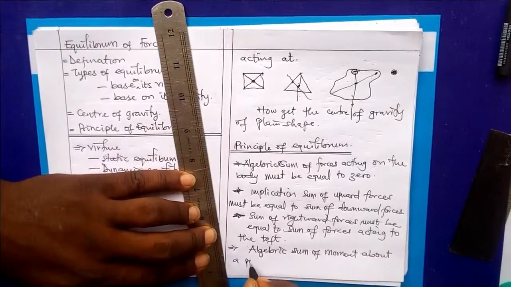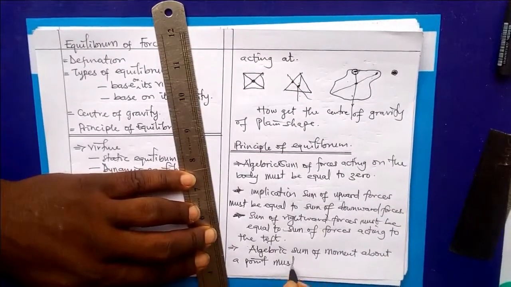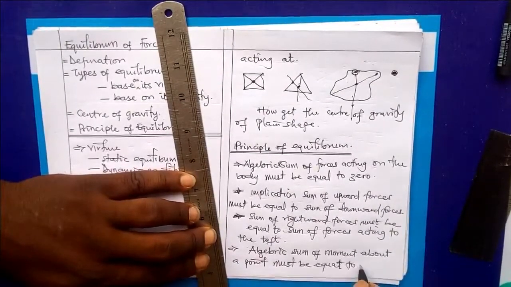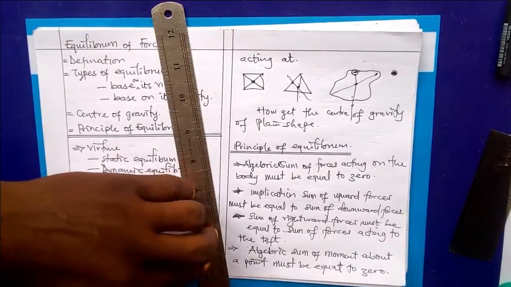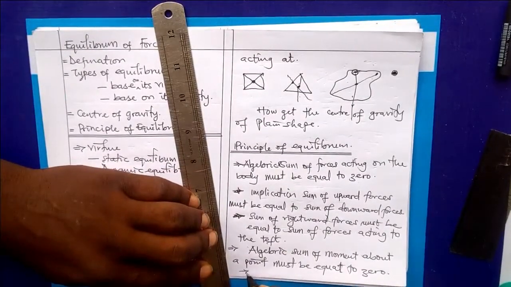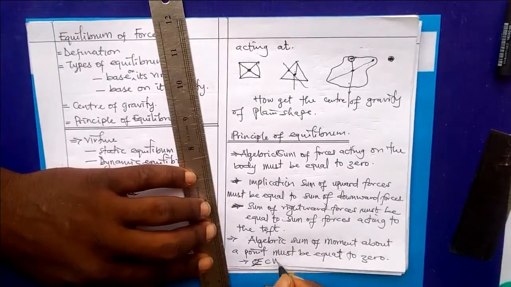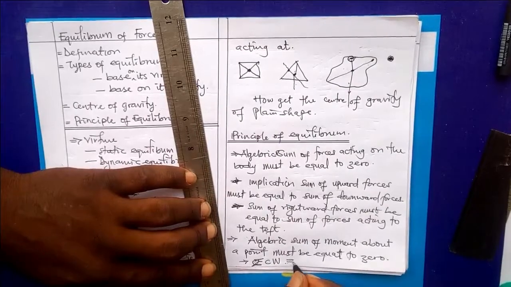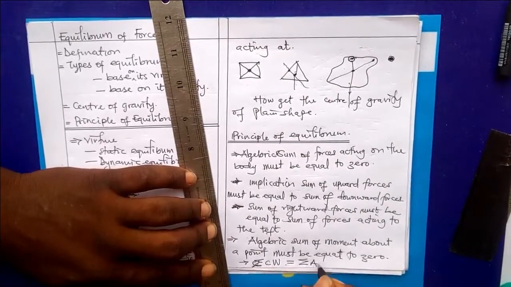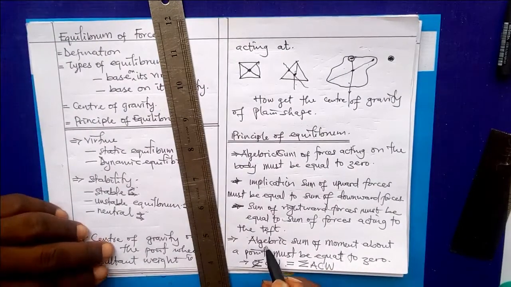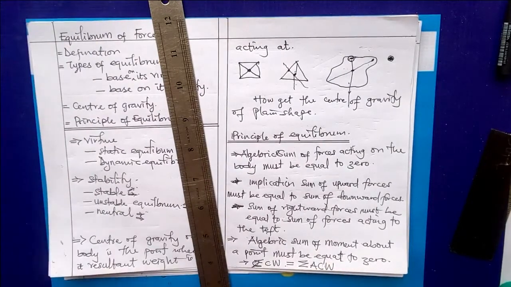That is, the sum of clockwise moments about a point must be equal to the sum of anti-clockwise moments about the same point. That is just, in summary, the algebraic sum of moments about a point must be equal to 0.